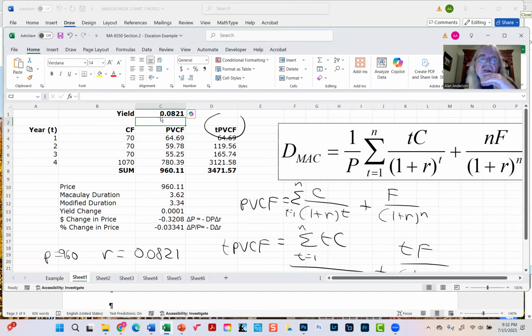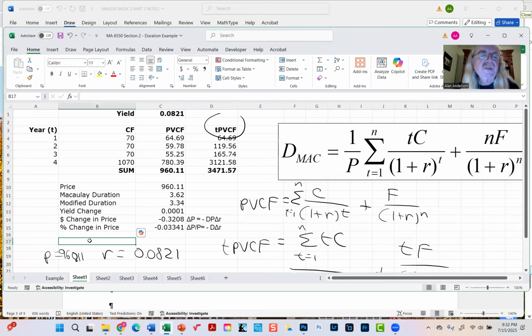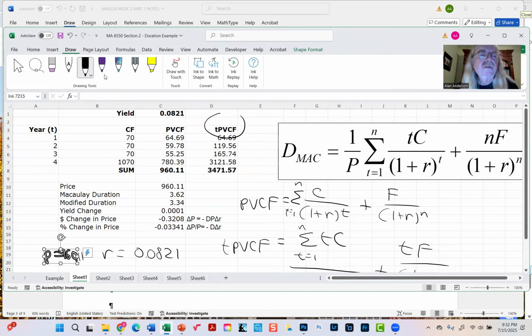This is the actual correct value of the price. It's 960.11. So let me make that change here. So when this is exactly 8.21%, which it is now, the price is actually 960.11.